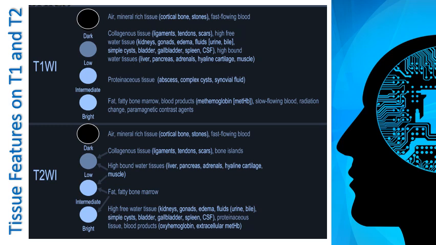So it's not suitable to use these tissues as a discriminator, because they will not change from T1 to T2, and that's why we are looking for fluid. You can check the other items and see which are bright, intermediate, or low for comparison on T1 and T2.